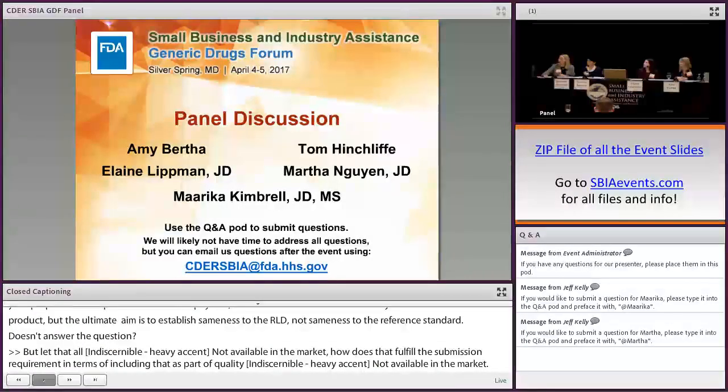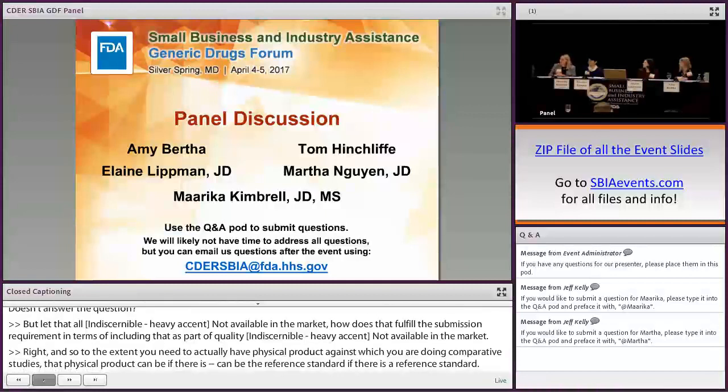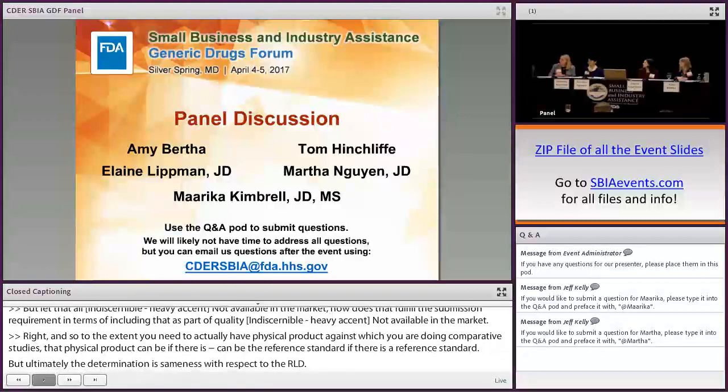To answer your question a bit more specifically, there may be instances in which you can use comparative data between a reference standard and your proposed ANDA product to establish physical, chemical, or other characteristics of your product, but the ultimate aim is to establish sameness to the RLD, not sameness to the reference standard.